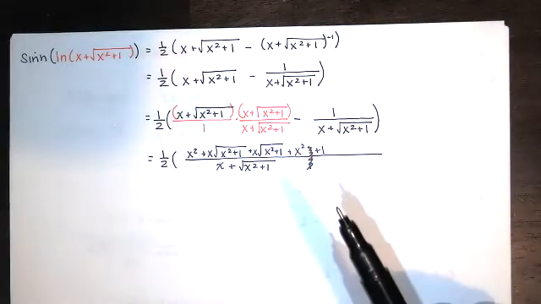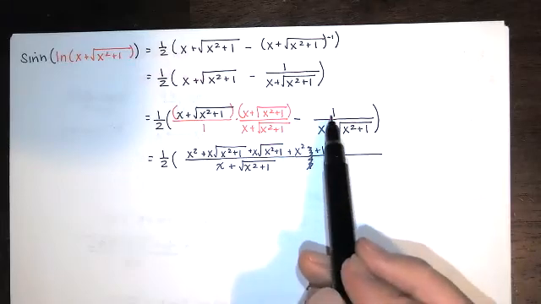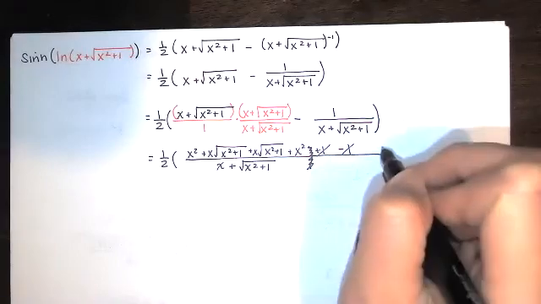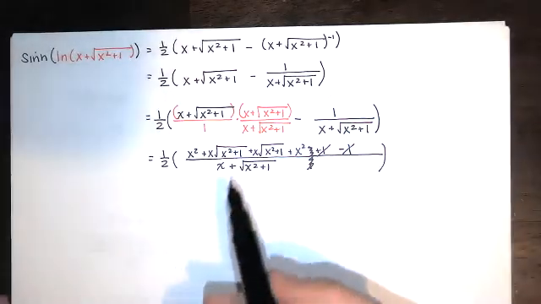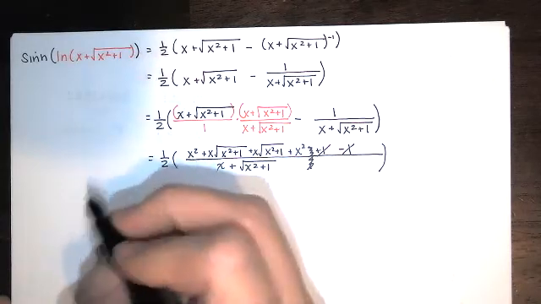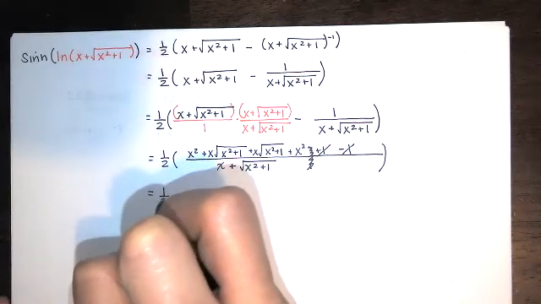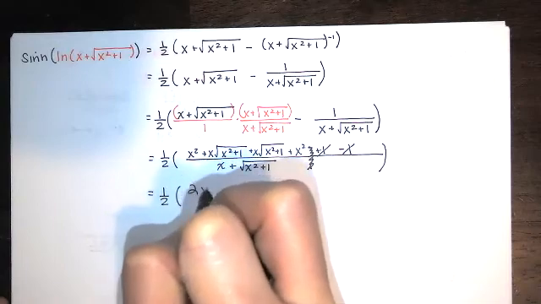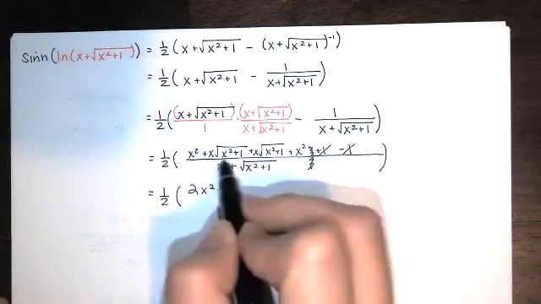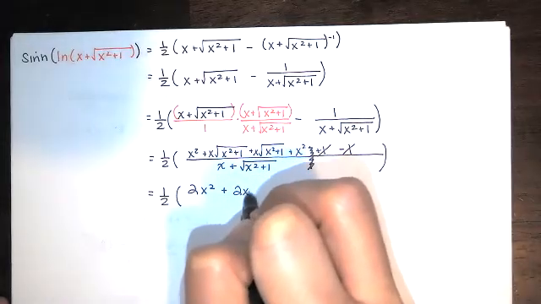The square roots will undo each other. And then don't forget to subtract that 1 from over there. The 1's reduce. And now I've got an x squared and an x squared. So that's 2x squared plus this and that. Those are the same, so I've got 2 of those.